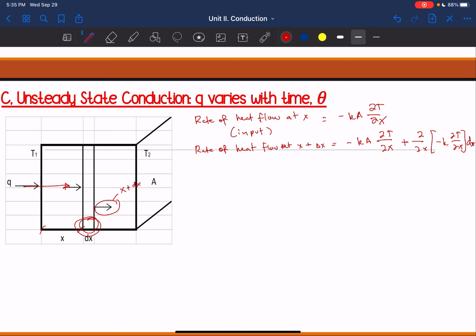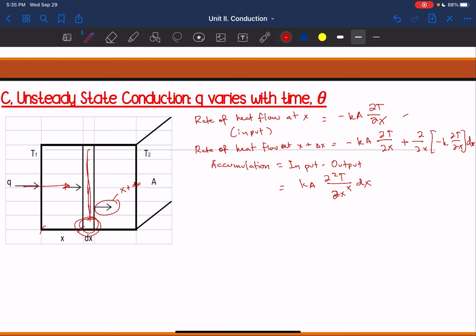Okay? So if you get your accumulation of heat doon dito sa areang to, it is equivalent to input minus output. And getting your equation 1 and equation 2, it would just mean Ka partial derivative of your T, the second, with respect to X squared dx.